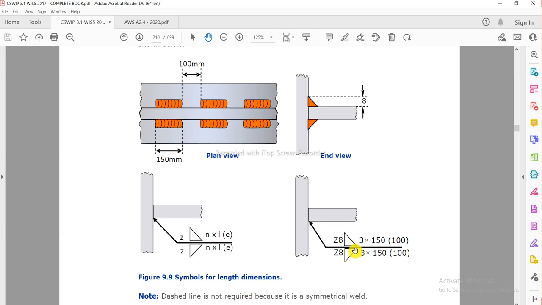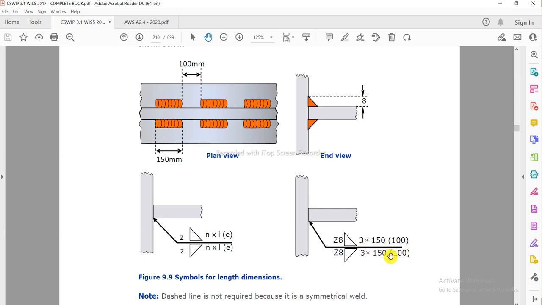These are huge topics, so here I am only talking about this weld joint. This is a fillet weld symbol, represented here as Z8. Z8 means the leg length is Z, 3 is the number of welds, 150 is the length of the weld, and 100 is the adjacent gap between the two consecutive weld elements.